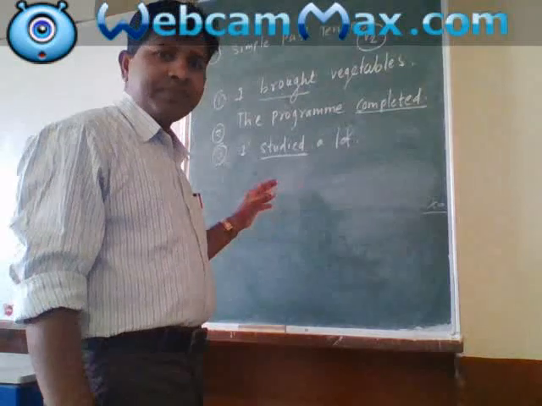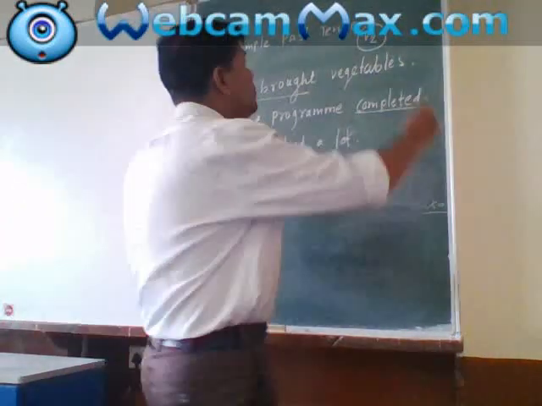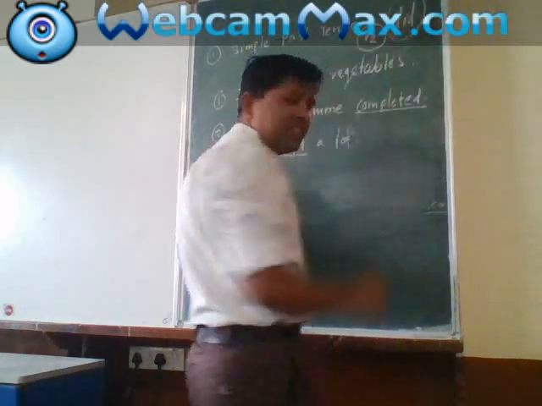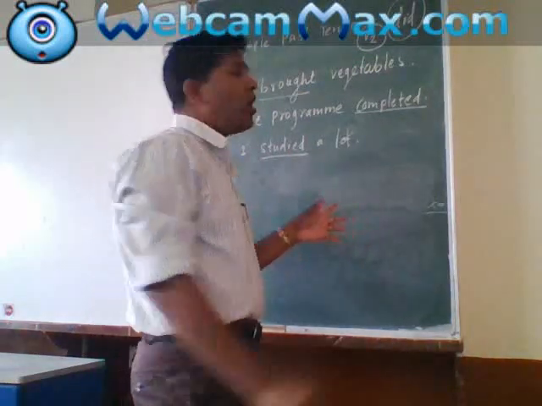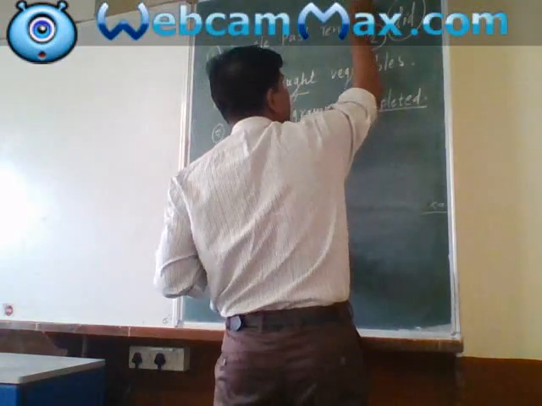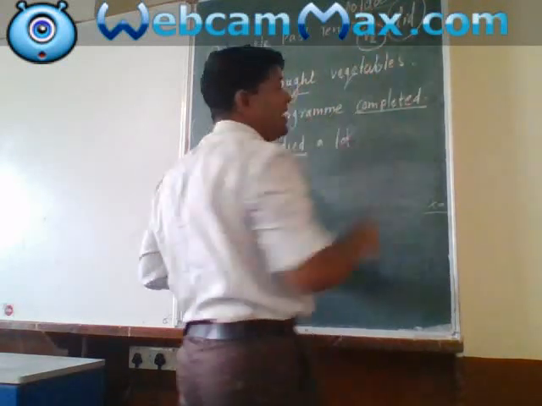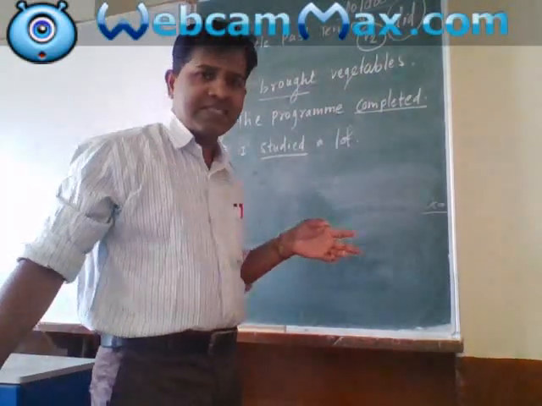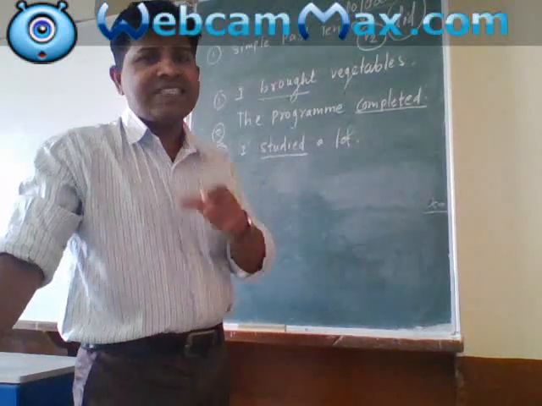And in the simple past tense, the indicative mood is did. Did is the past tense of do and does. Do and does are V1 and did is V2. So in the simple past tense, what do we use? V2, that is did.